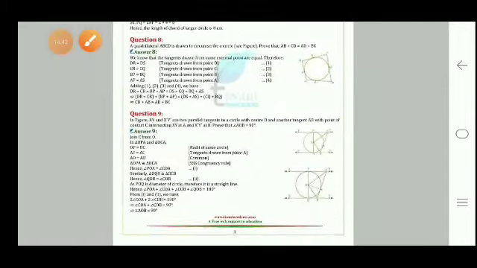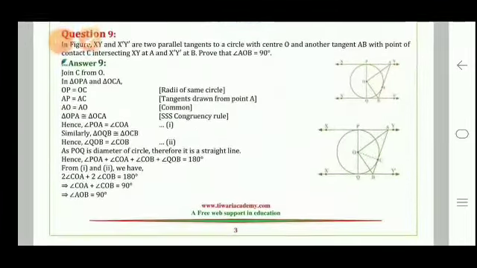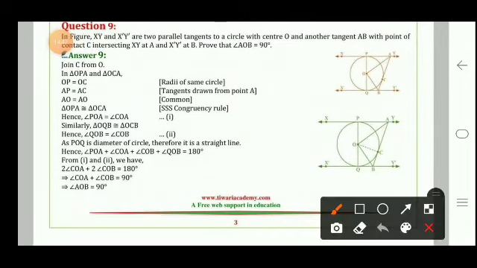So this angle and this angle are equal. We can also take angle 1 and angle 2 in this way, no problem. And similarly we can prove that these angles are equal.